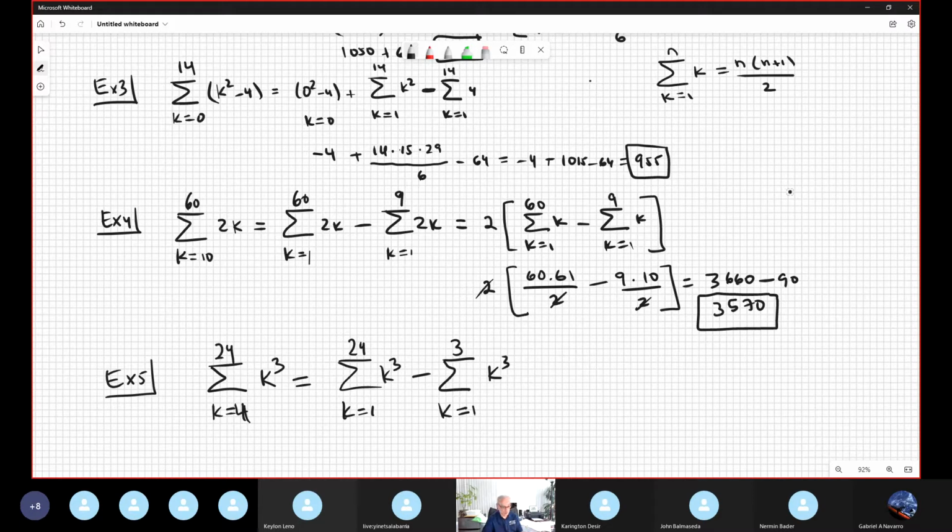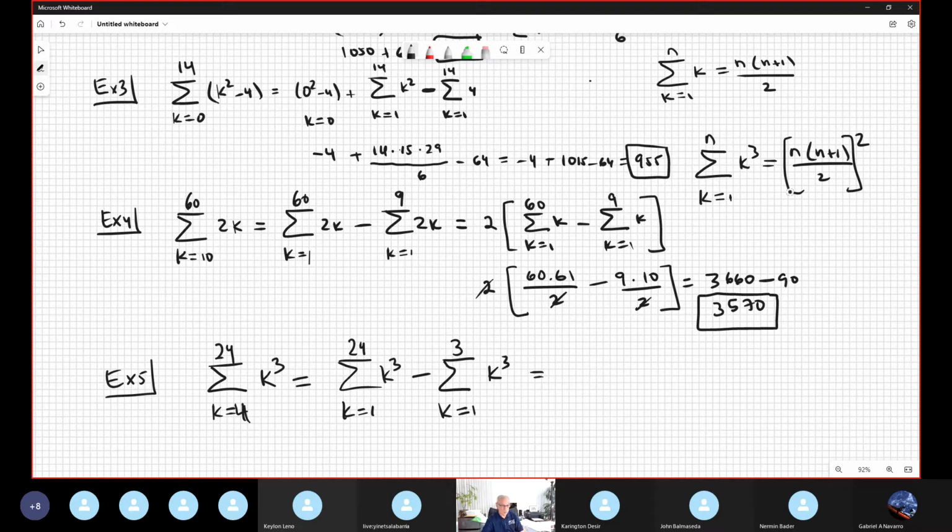Okay? And the formula, let me copy the formula for the cubic. It is similar to that formula, n times n plus 1 divided by 2, but this is squared. Okay, so it's easy.